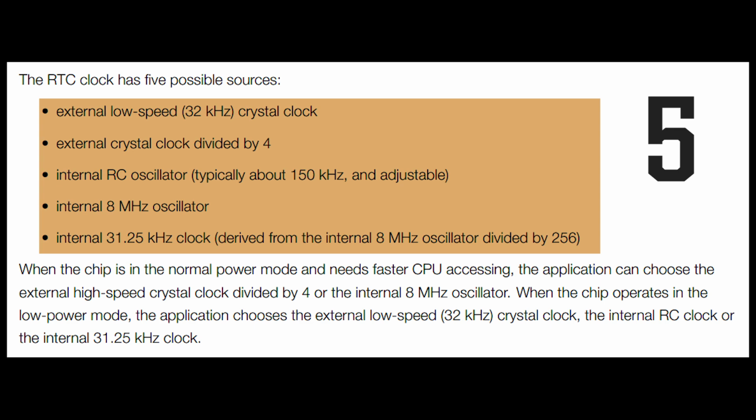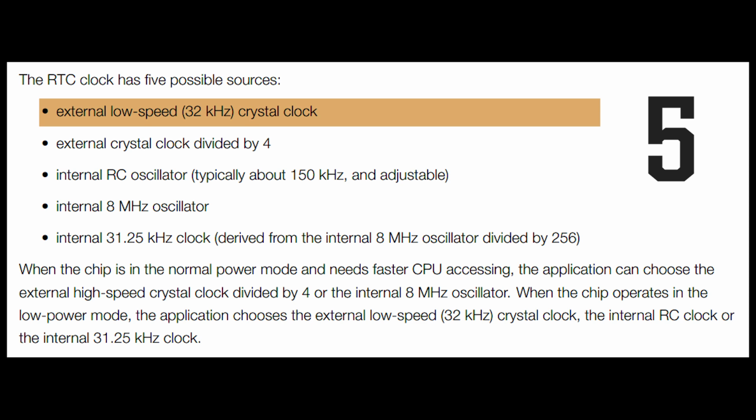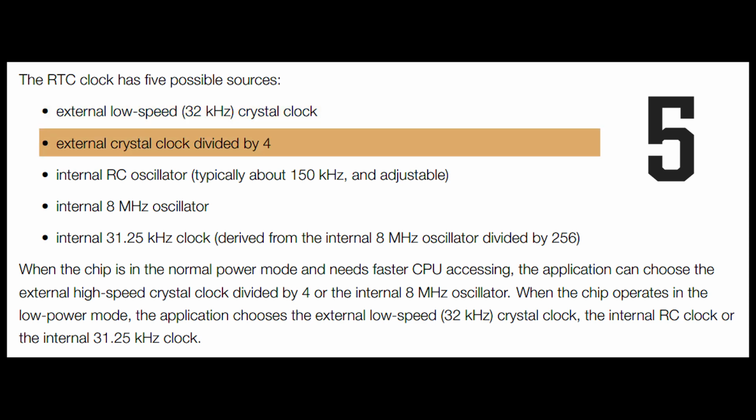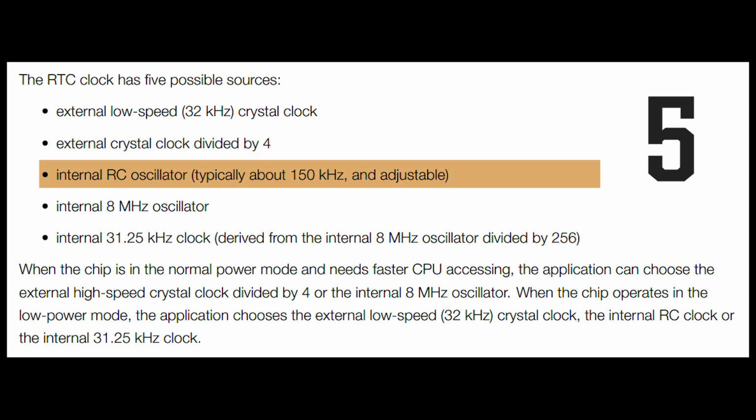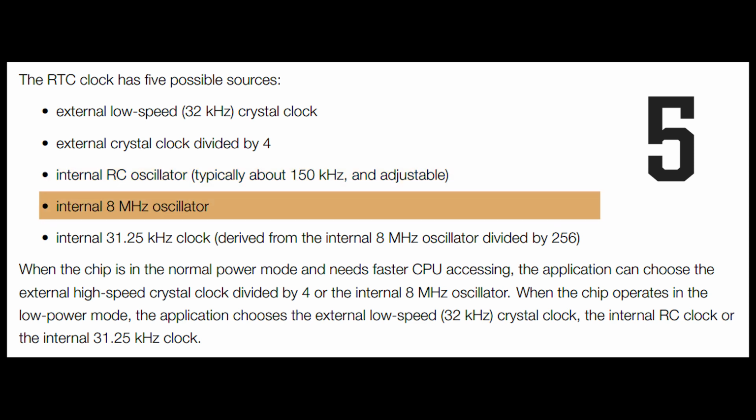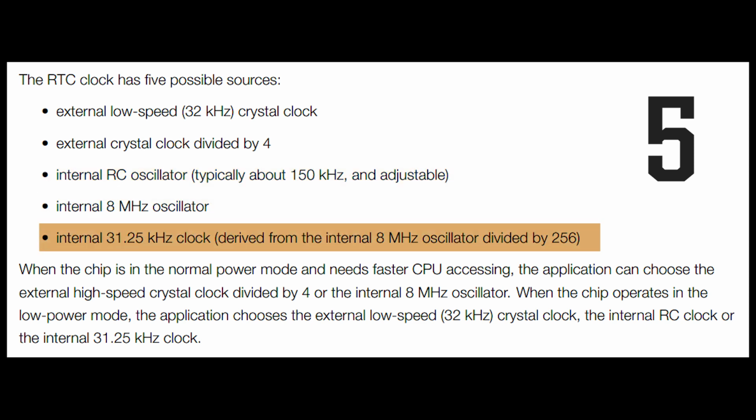They are the external low speed crystal clock of 32 kHz, the external crystal clock divided by 4, the internal RC oscillator, typically about 150 kHz and adjustable, the internal 8 MHz oscillator, and the internal 31.25 kHz clock derived from the internal 8 MHz oscillator divided by 256.